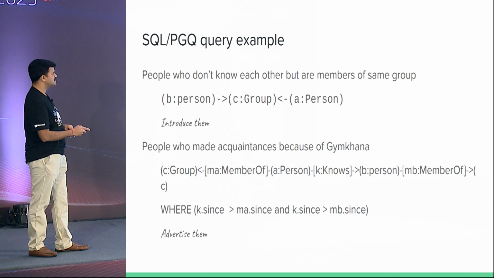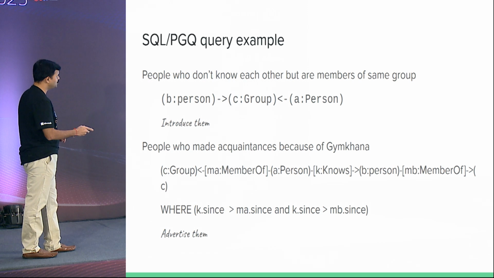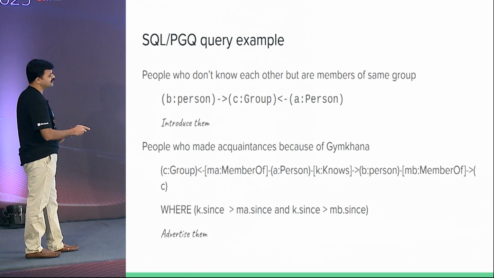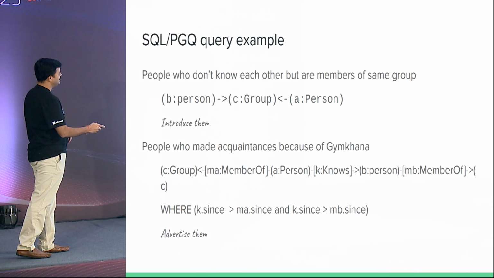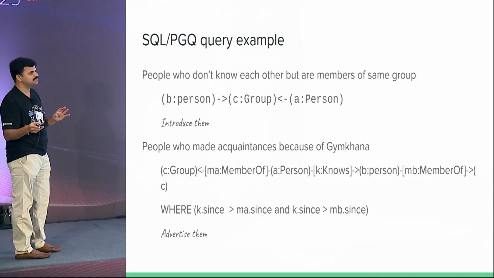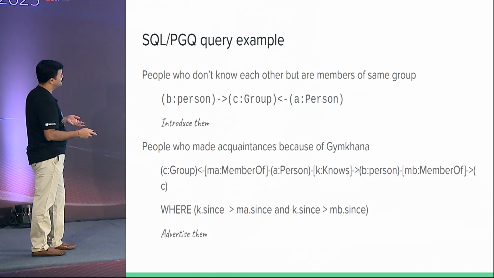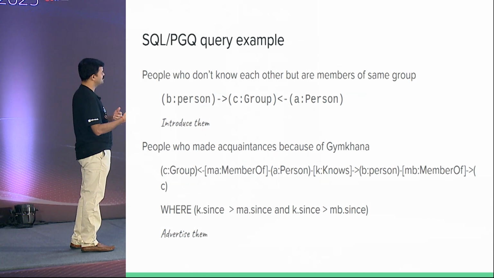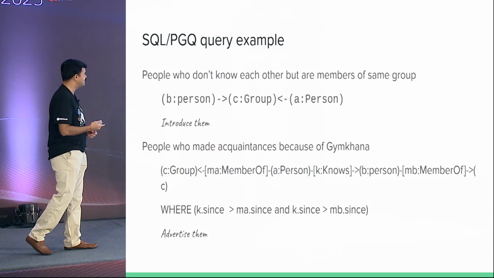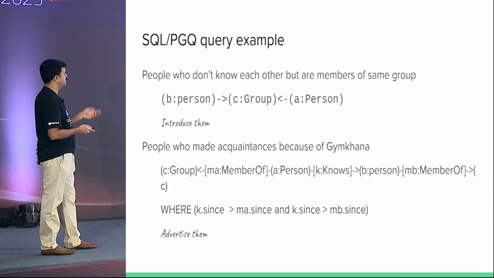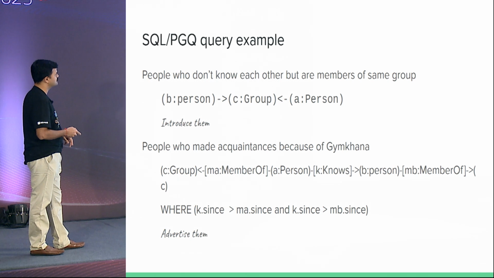And you will see that it's very expressive in itself: you want two people who are connected with the same group. And A and B indicate that we want two different people, not the same person again. What you will do with it, you will introduce those two people and let them become acquainted, and that's how the social network in the Gymkhana increases.